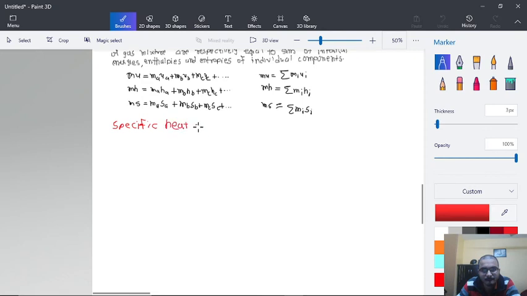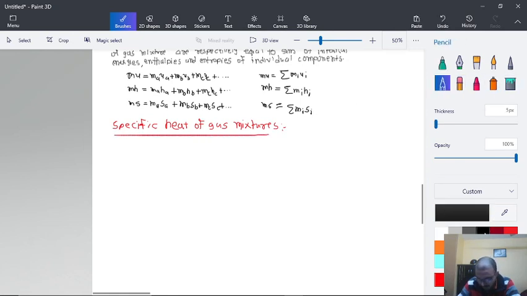First we'll utilize the equation Mu = sigma Mi Ui, and modify it: m Cv T = sigma Mi Cvi T, because u can be written as Cv T, as we studied in fundamental thermodynamics.